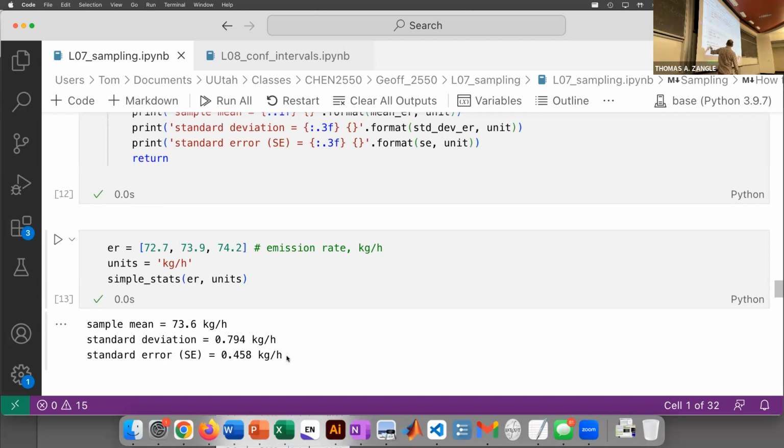So the standard deviation tells us about the distribution of individual measurements that we would be making from this plant. We expect to see about a 0.8 kilogram per hour standard deviation in the range of individual measurements.